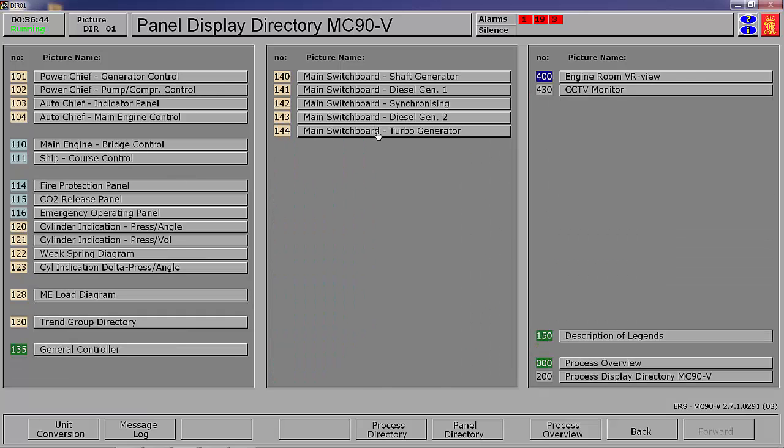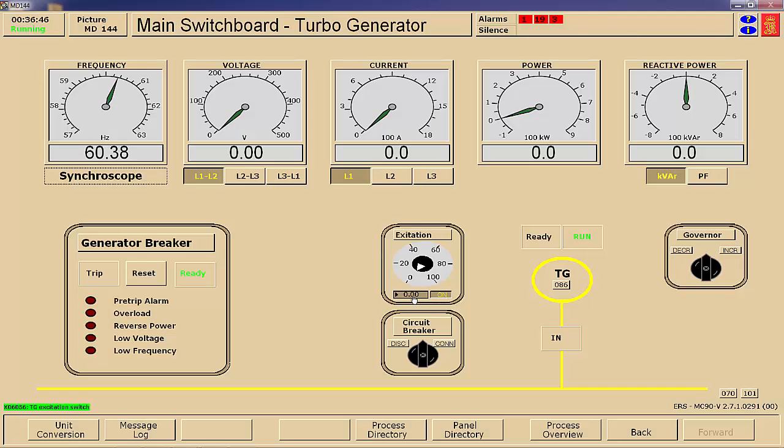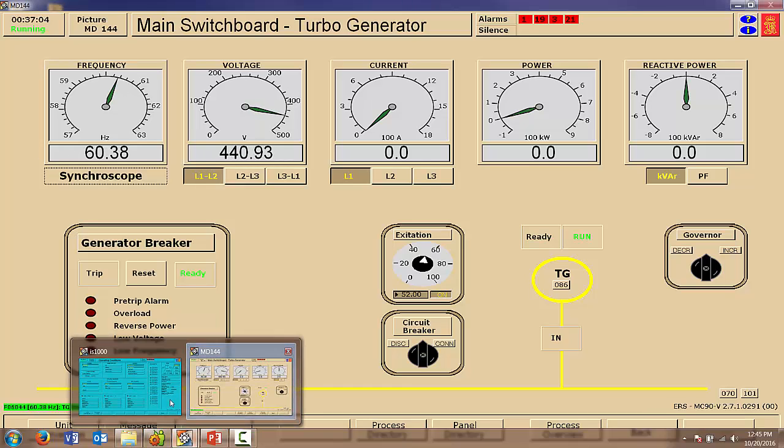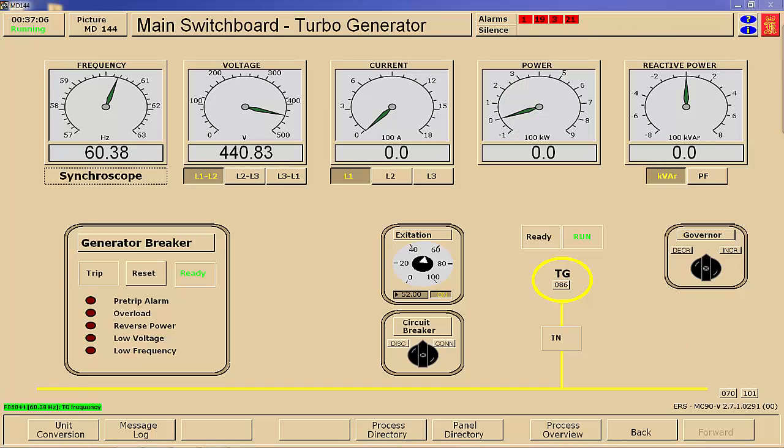Now, I'm going to get the turbo generator ready to go. I want to be slightly high on the voltage at 60 hertz. I need another screen when I'm doing this, so I'll bring that up. All right, so I'm going to need to be using the synchroscope.